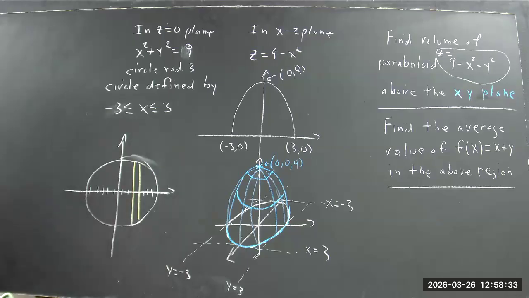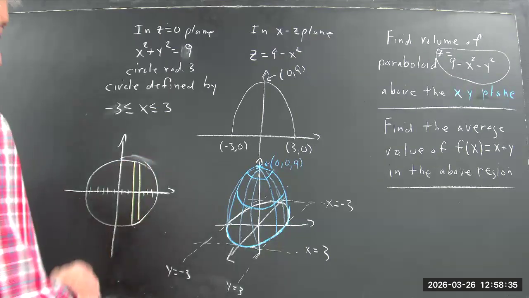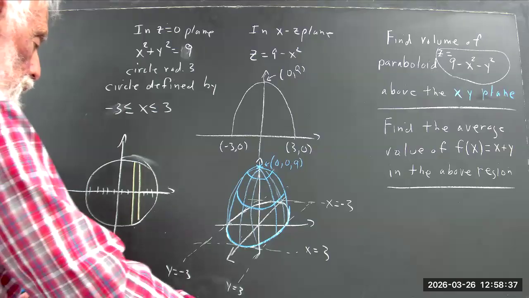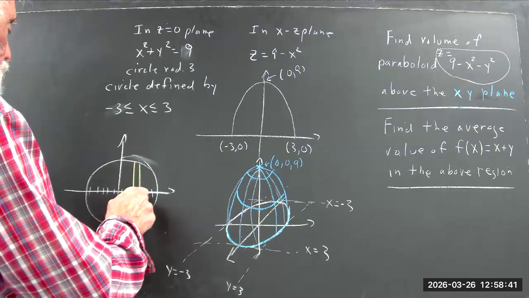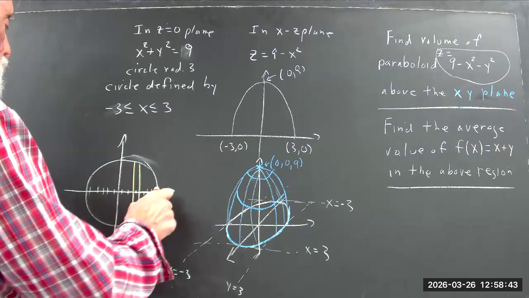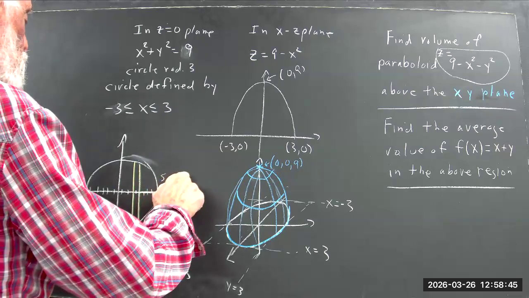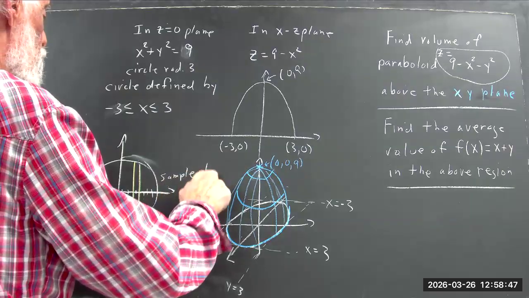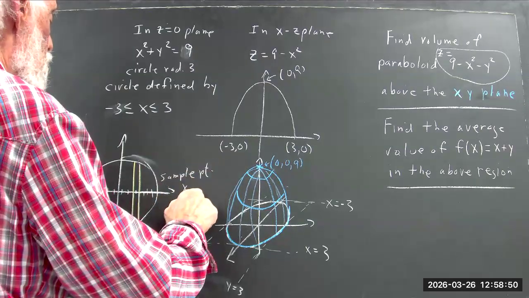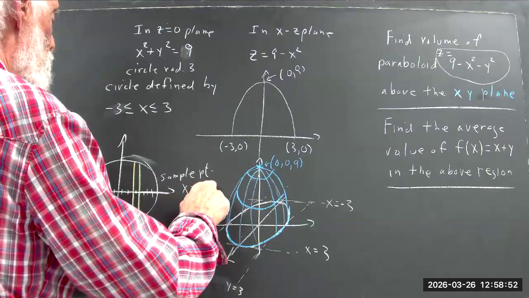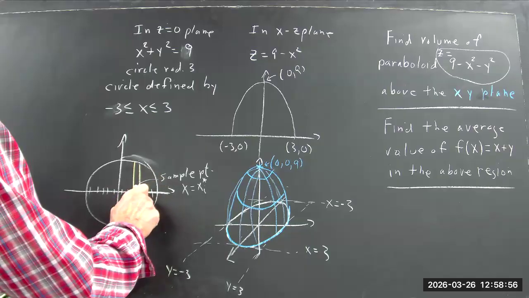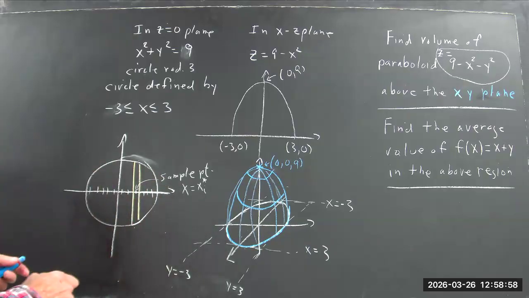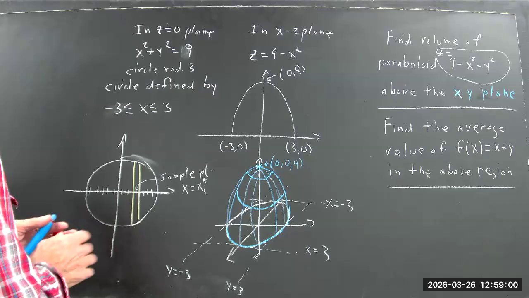Okay? Y goes from here to here. Now, whatever x is, the sample point is x equals xi star. Right there it is.